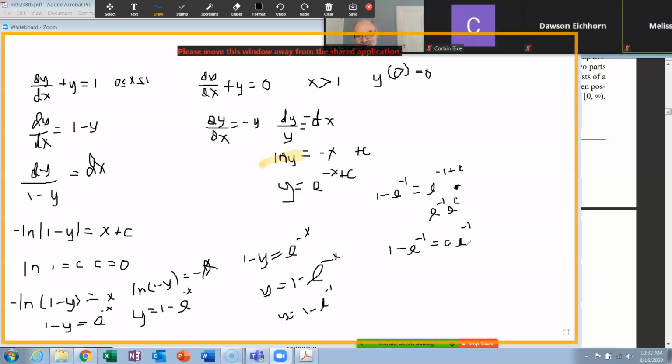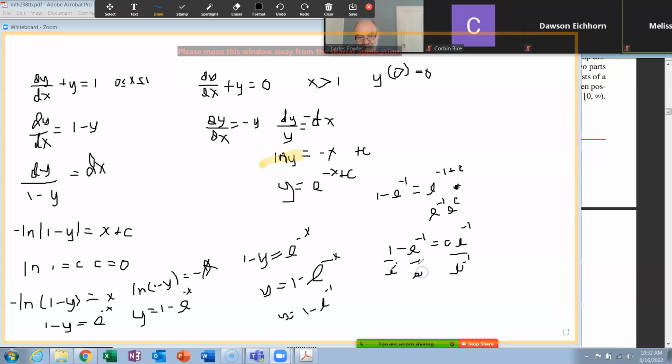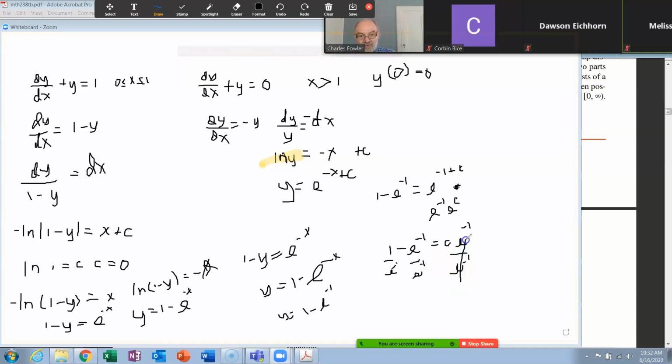Okay. Now, we need to solve for c. We're going to divide both sides by e to the minus 1. Okay. So here these go out.